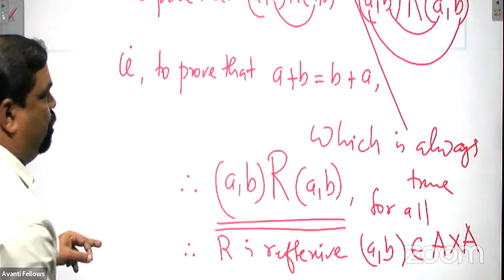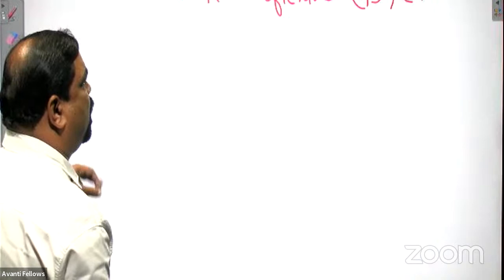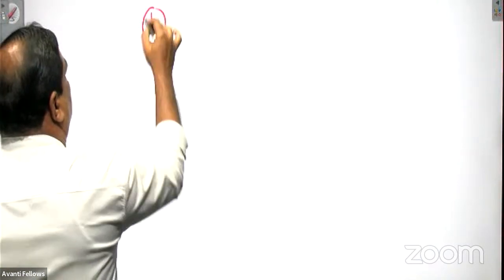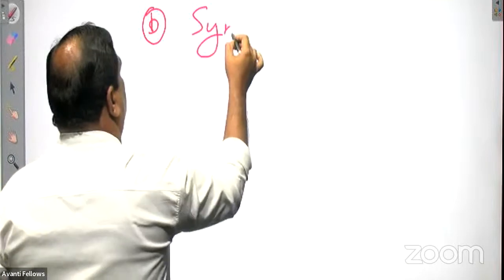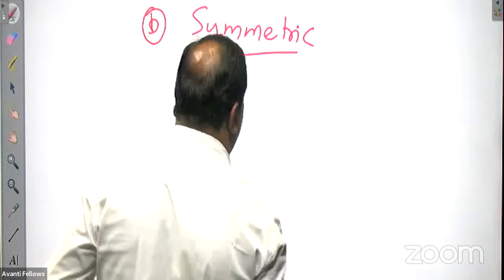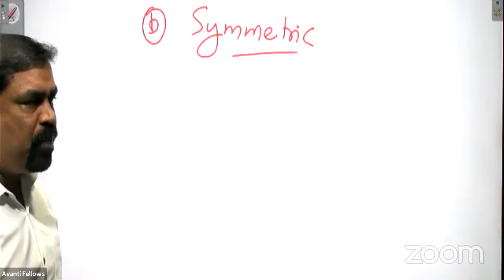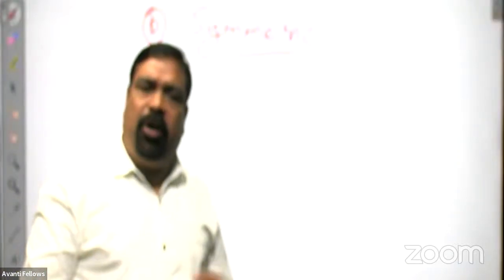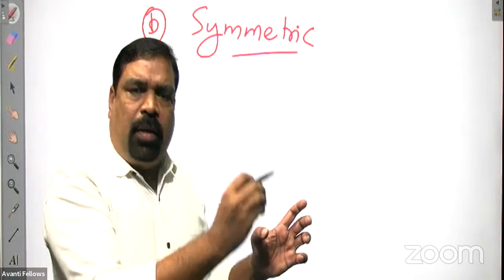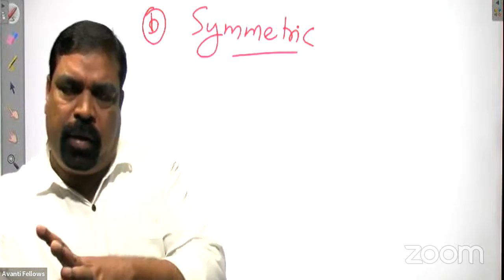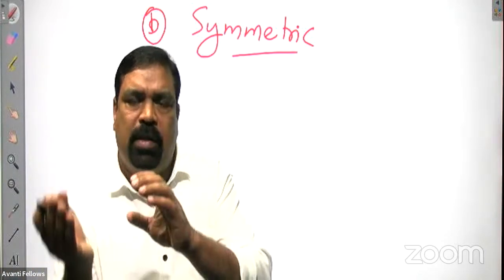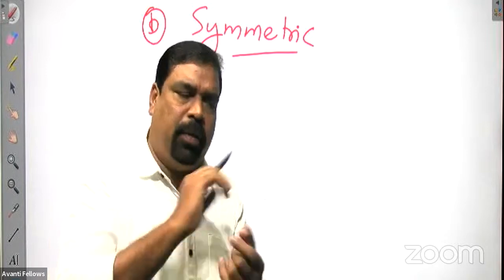Now symmetric. What about symmetric? So how to prove symmetric? For symmetric, what we have to prove? Suppose one element is related to another element, then we have to prove the other way: the second element is related to the first element.